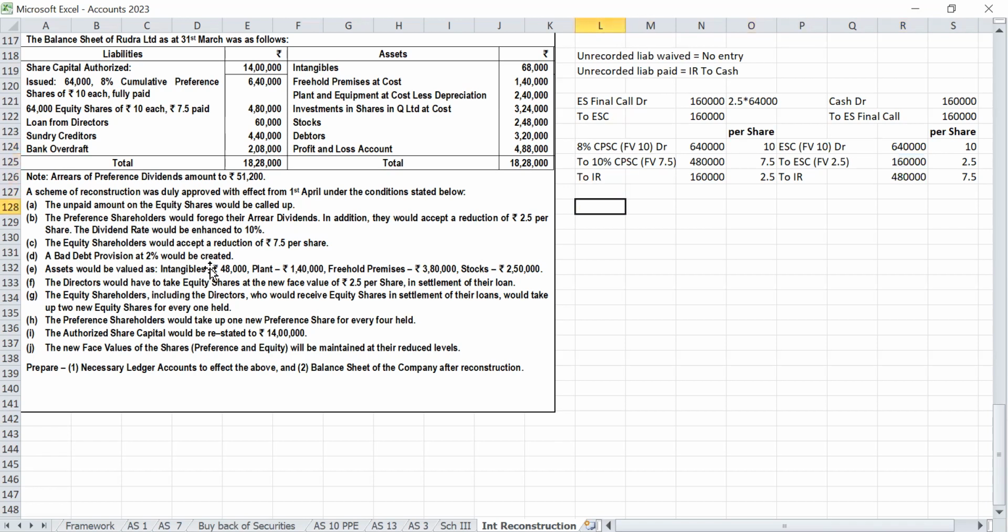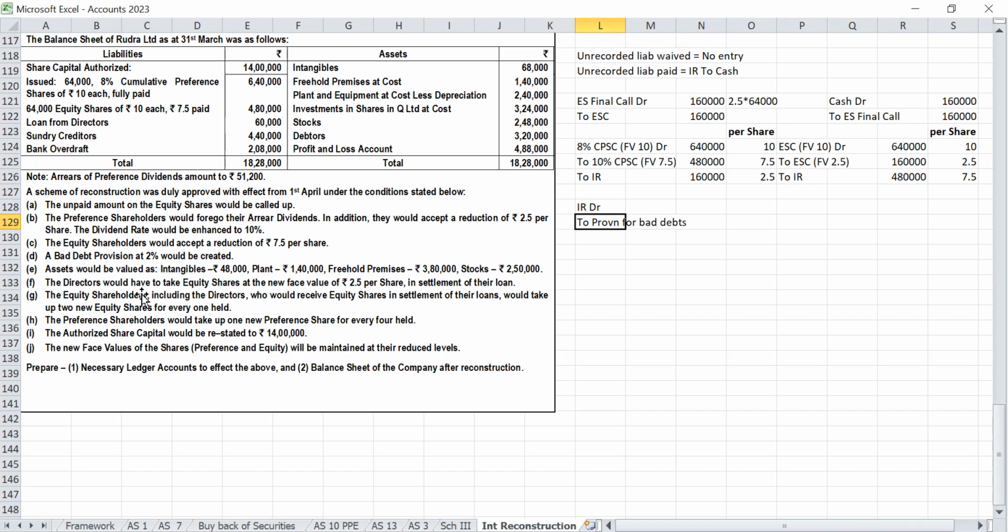Then next. Bad debt provision at 2% will be created, sir. Credit internal reconstruction to provision for bad debts. Correct? Provision for bad debts is a liability we have to create. Liability increased. All in one compound entry we can pass. Then assets to be revalued. Intangibles 48.